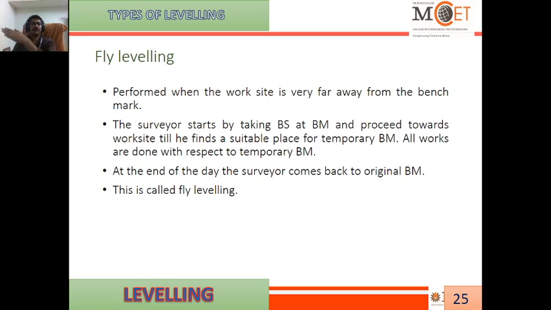Since it was carried from the known benchmark and transferred to the work site, from there onwards all the levels will be checked with that point only. At the end of the day, the surveyor comes back to the original benchmark and checks whether we have done it rightly or not. This is called the fly leveling. If we come back to the same benchmark and check the tally, whether the same benchmark value is obtained in the computation, it is also called check leveling.